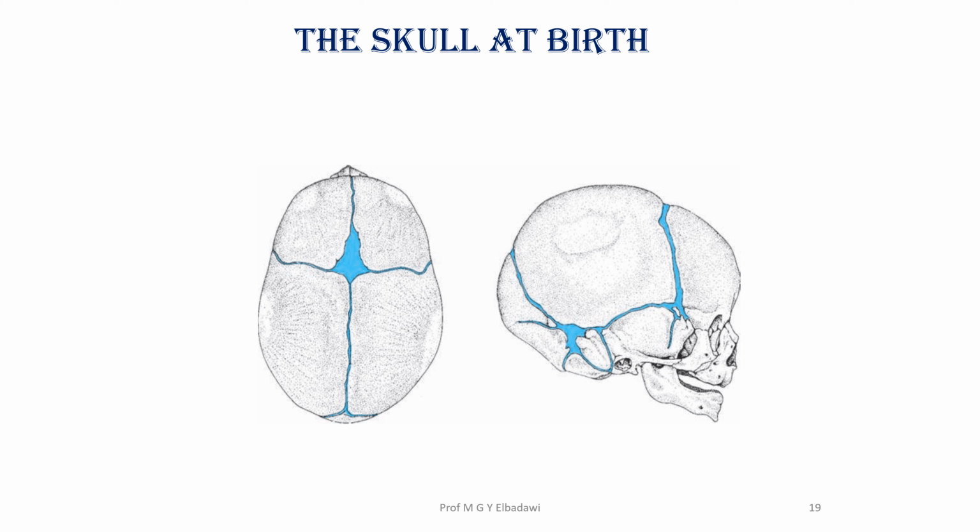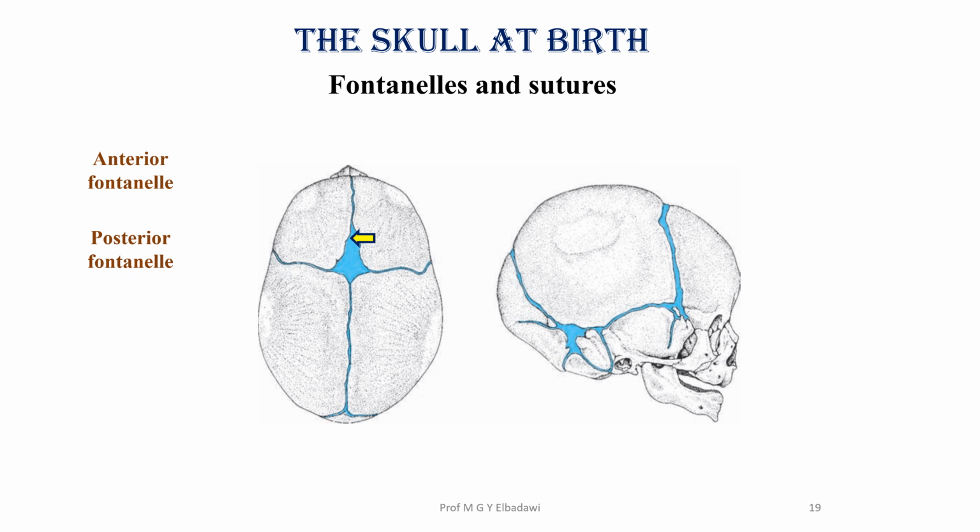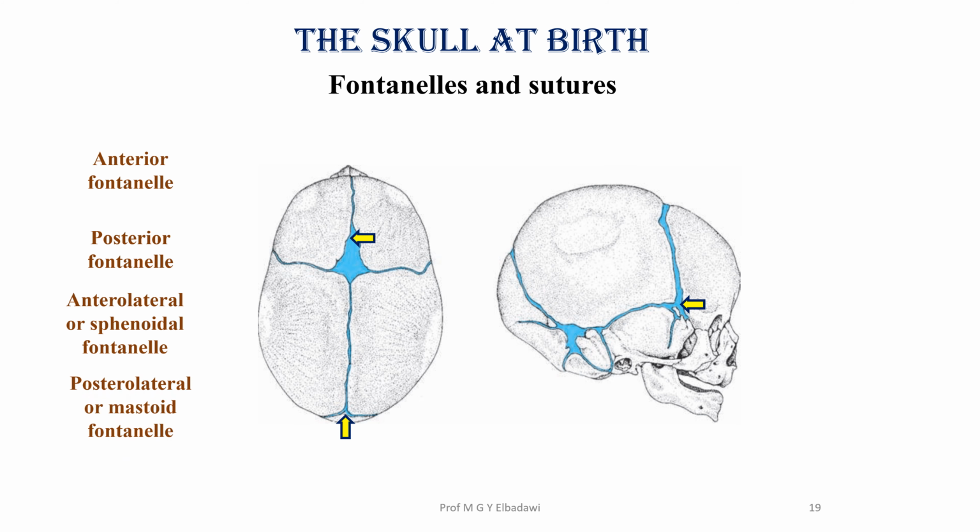Now, looking at the skull at birth, we'll see some fontanelles and some sutures. The fontanelles are the anterior fontanelle, the posterior fontanelle, the anterolateral or sphenoidal fontanelle, and the posterolateral or mastoid fontanelle.